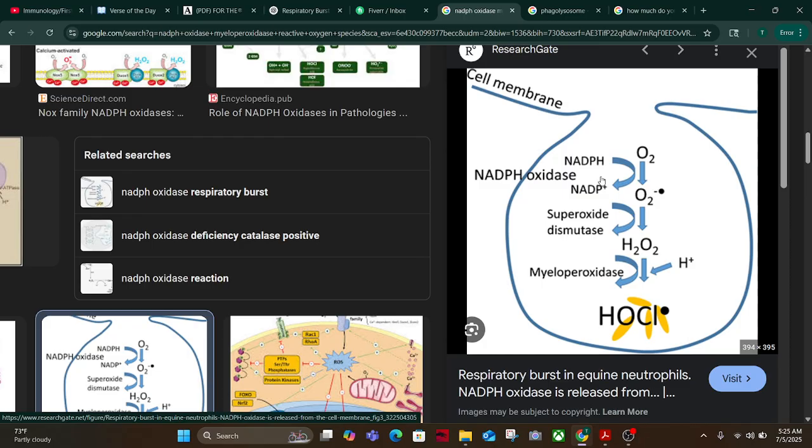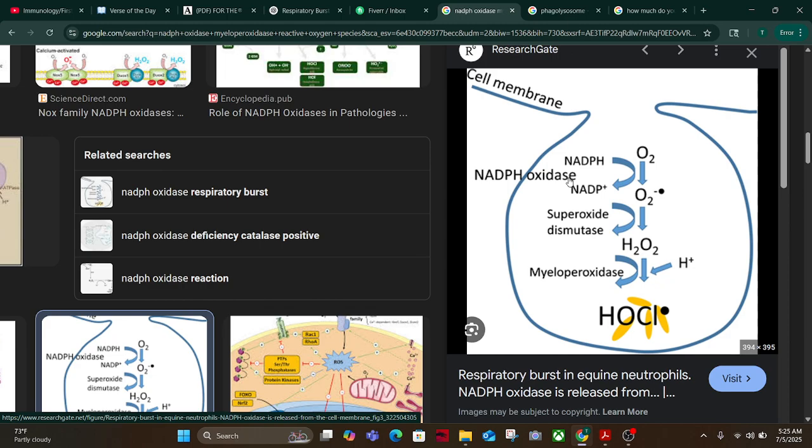The CGD patients will be okay because the bacteria have their own hydrogen peroxide, and then the body uses this hydrogen peroxide to go down this pathway and make bleach. So it starts from here and makes bleach. So who cares if the NADPH oxidase is working in CGD patients?